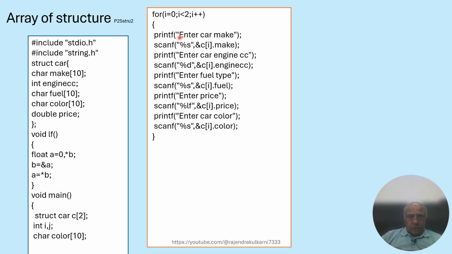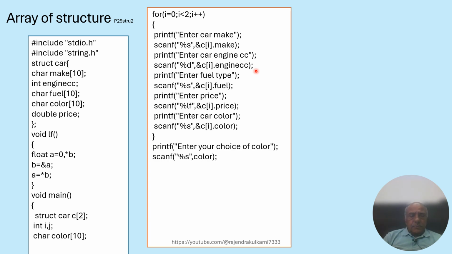So when i is equal to 2, the for loop will terminate, and when this for loop executes, both the elements of array c will get initialized with the user inputs.